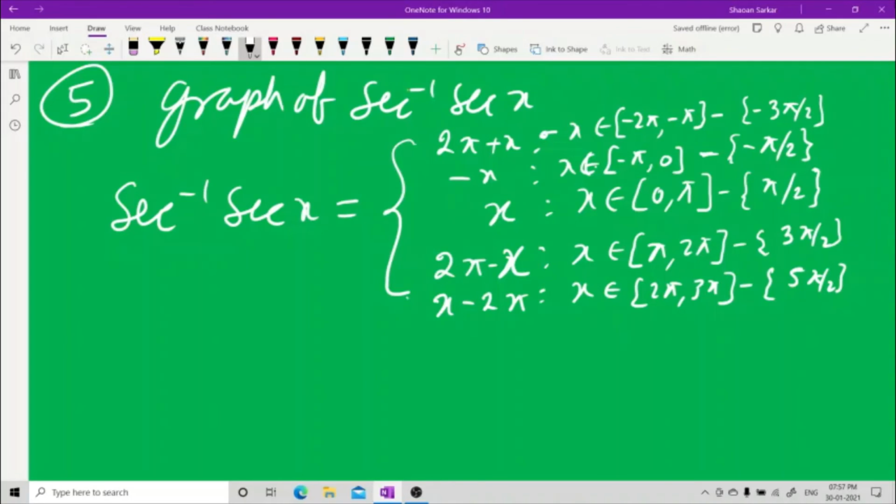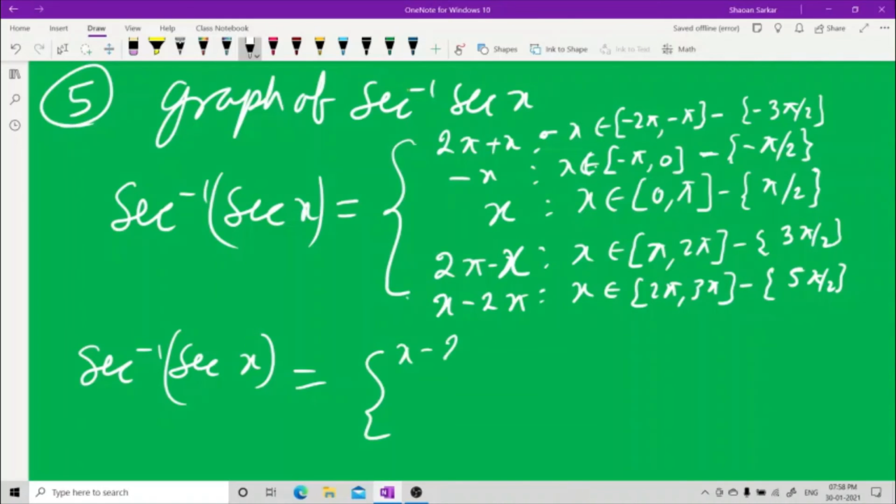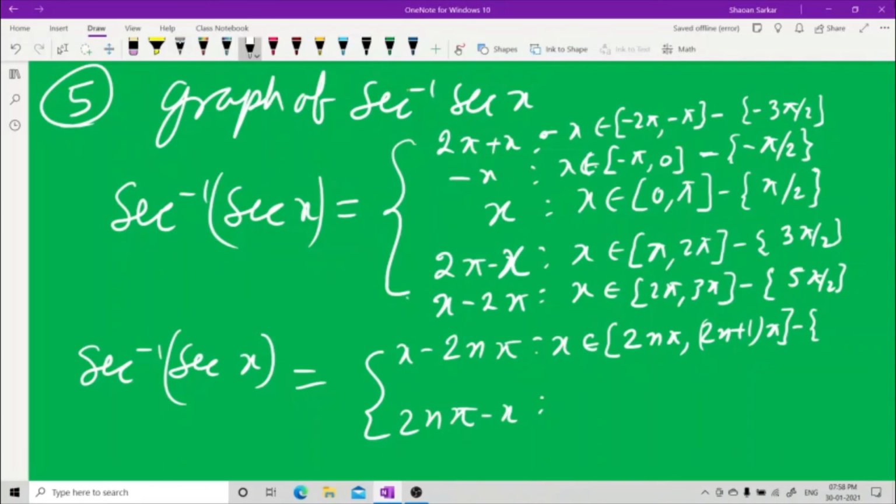So what you can do, you can write down this type of equation. Shortcut, sec x, this has to be there, sorry. This would be x minus 2n pi and 2n pi minus x for x belonging to 2n pi, comma 2n plus 1 pi, from where 2n plus 1 pi by 2 would be removed.